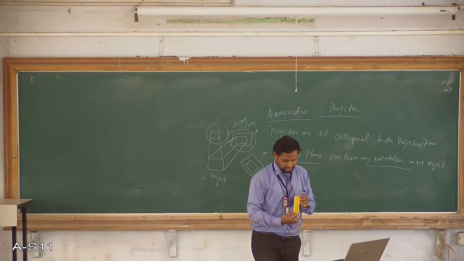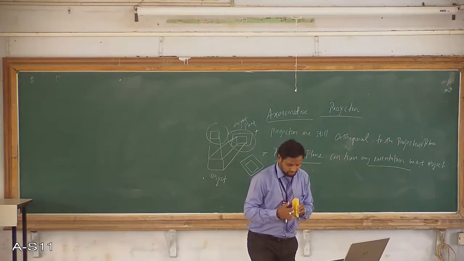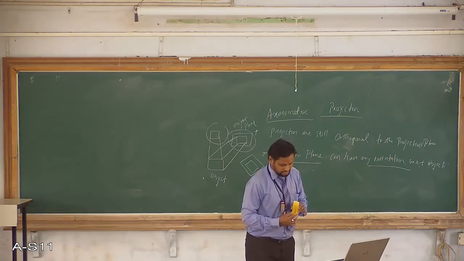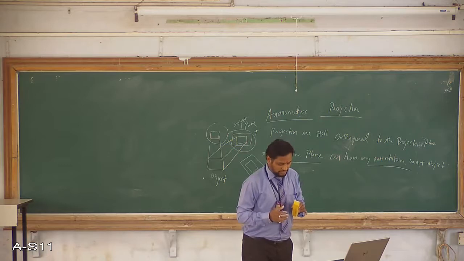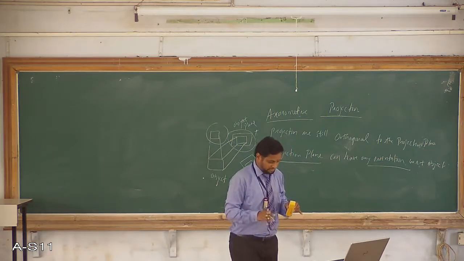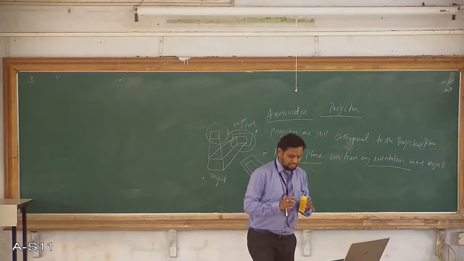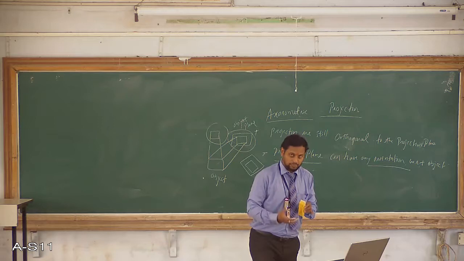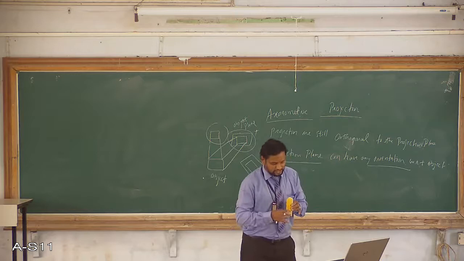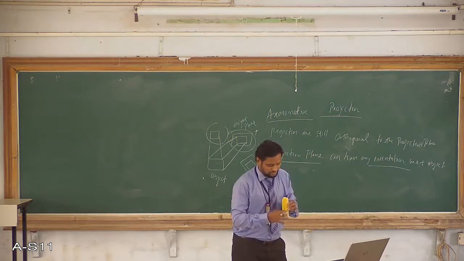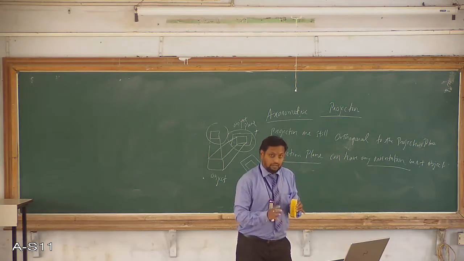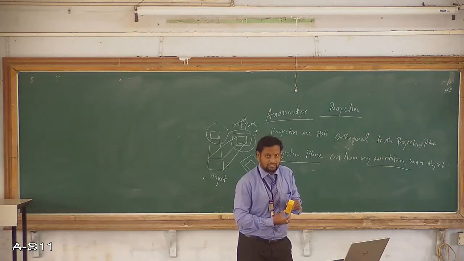As I said, this is diametric because you can see multiple faces at the same time: one face and two faces can be viewed. Trimetric is three faces. I can keep my object this way.